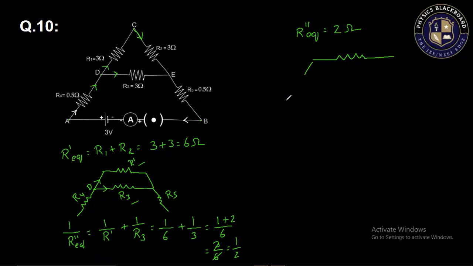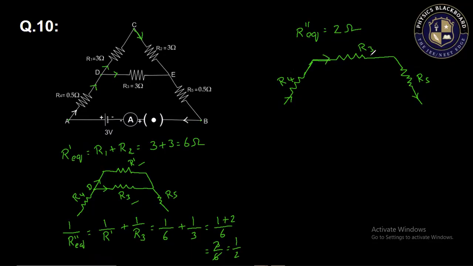Now, if you redraw this again, here you see that this is R4, this is R3, this is R5. Now, the current which is flowing from point A to point B, you can observe that the current passing through R4 is the same current passing through R3.